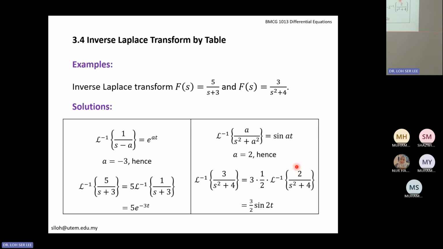Whatever constant we do not want, we factorize, then insert the constant that you want and divide by the constant outside. Now this is matched, so the answer will be 3 over 2 sine 2t.